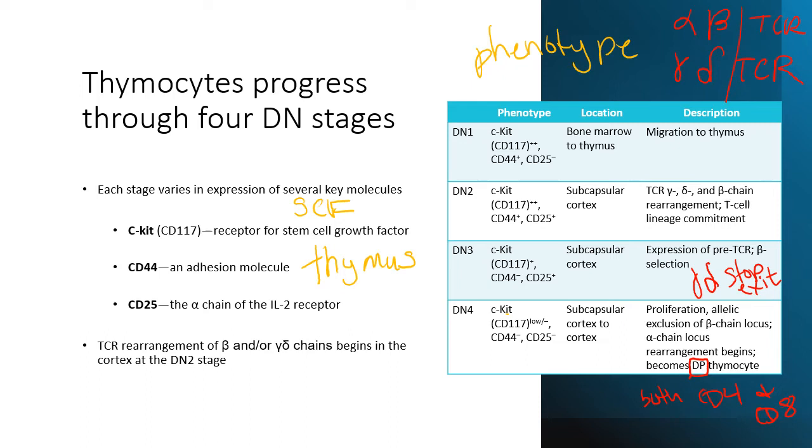This is like the transition to the next phase. So most of its stage is still negative. It's just at the very end. If you get a productive alpha chain and you start getting signals through that productive alpha chain, then you start to express CD4 and CD8.